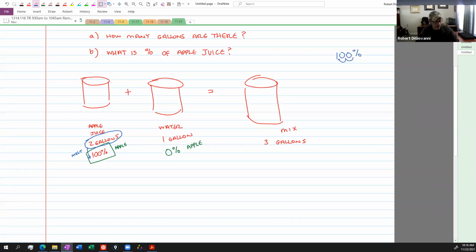So if I take this 2 and multiply it times 1, I get 2, okay? I know this seems obvious, but 2 gallons of juice, that's how much I have here of apple juice. Over here, if I take the 1 gallon and multiply it times 0, I get 0 gallons of apple juice here, right?